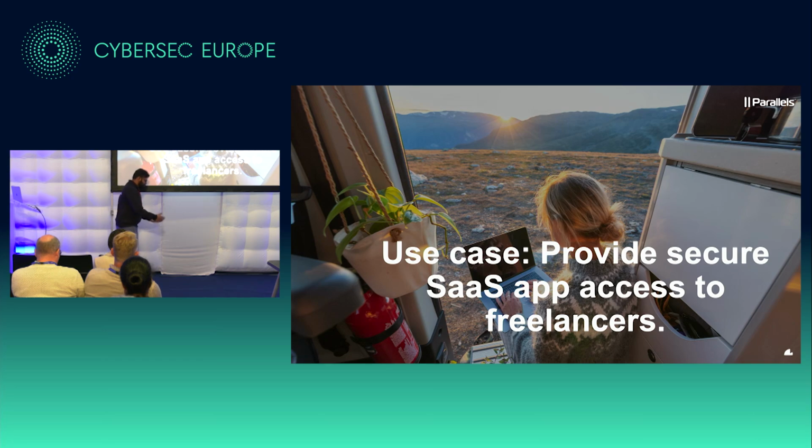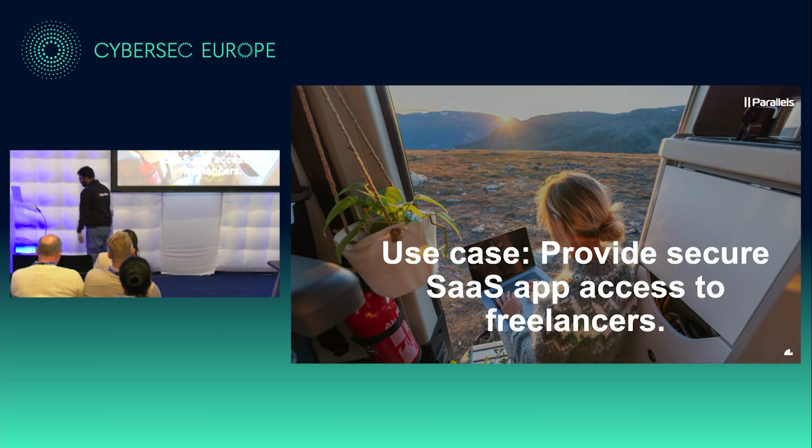And with this hybrid model, we are seeing that a lot of companies are working with external contractors or freelancers temporarily. But they're still working on sensitive data. And how can we make sure that even if we are using the cloud solution, SaaS applications, we are giving the right user the right access?